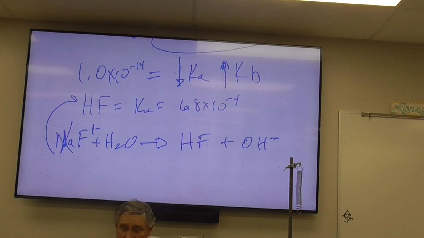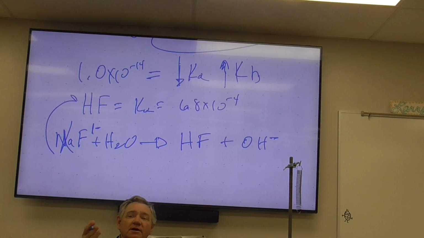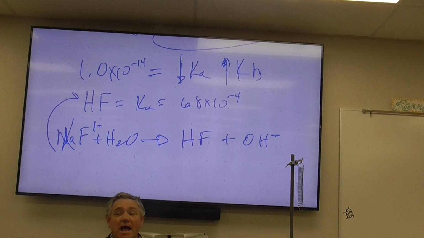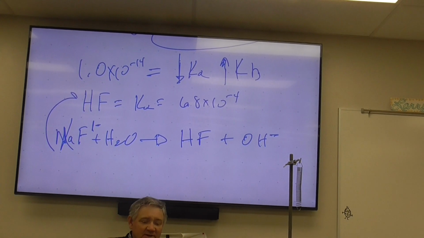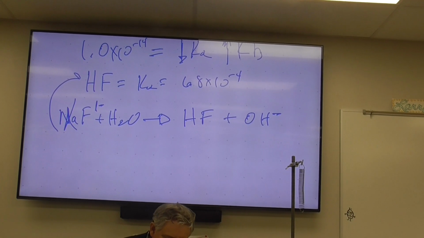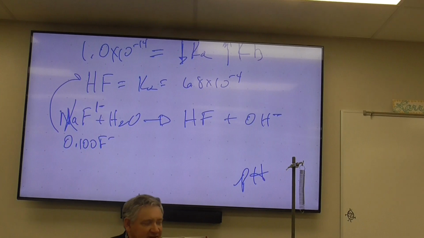And your conjugate base, OH, right? Now, if I ask you to do this calculation as Cohen so aptly predicted, if I said, hey, let's say that you have a 0.1 molar solution of fluoride ions, and I want you to find the pH, okay? This is only like 6 steps. Now, here's what you have to realize.